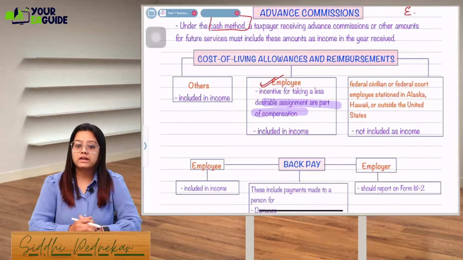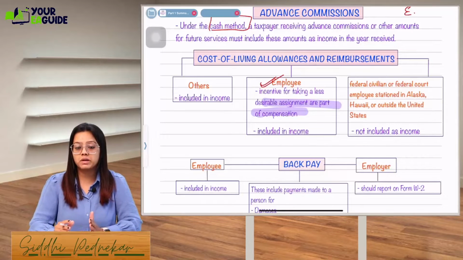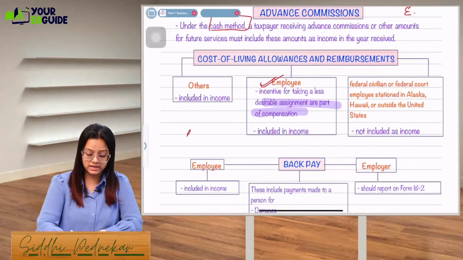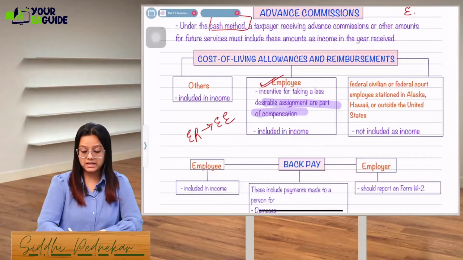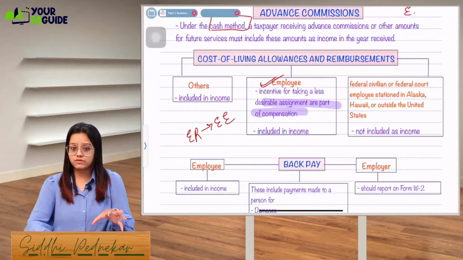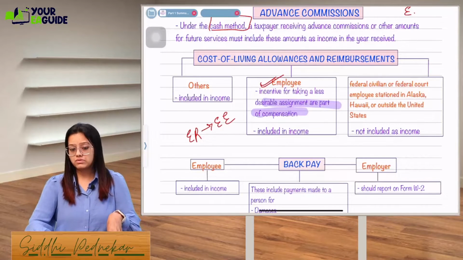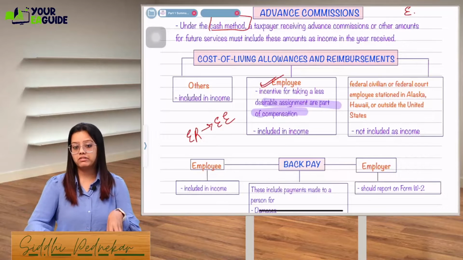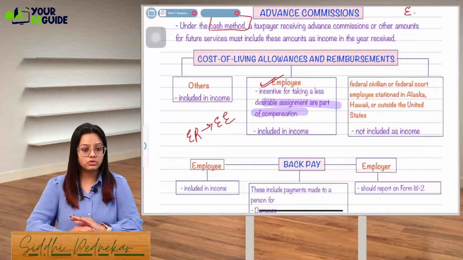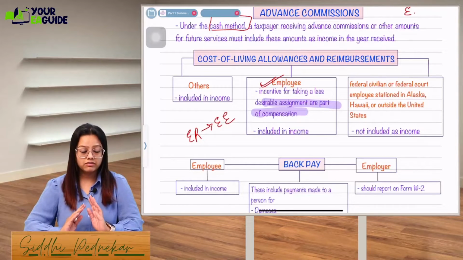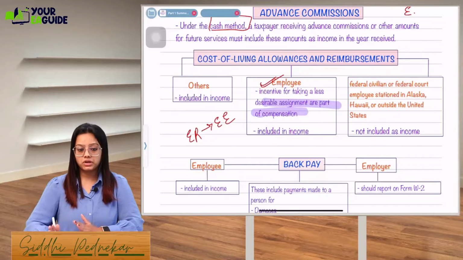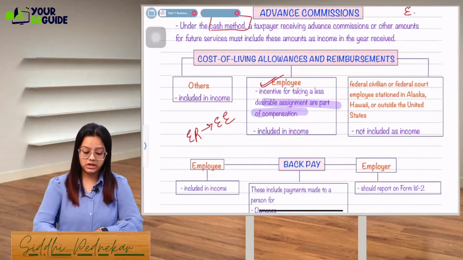Or any other reimbursement provided by the employer, let's say living expense or any other expense for living allowance, will be included in the income. There is no exception. Any benefit which the employer provides to the employee will be included in the gross income of the employee.